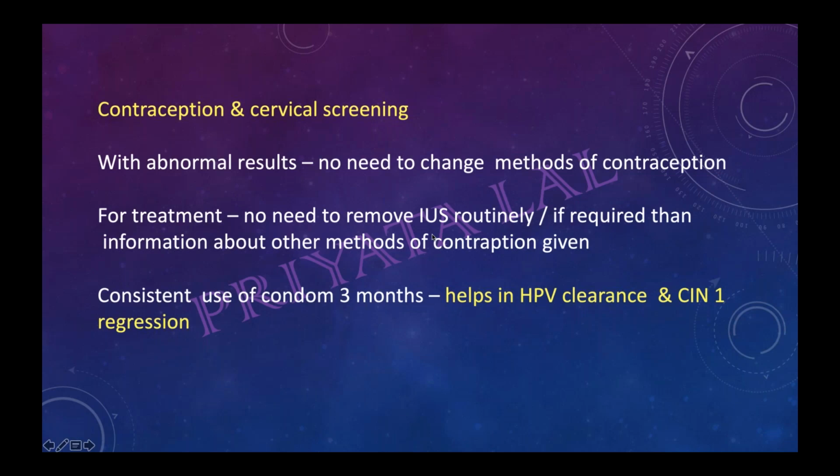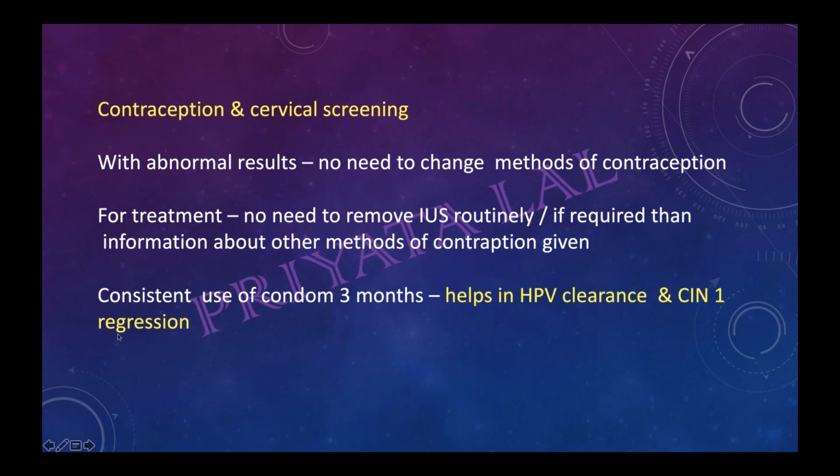If the patient has an intrauterine device inside and any cervical screening test comes abnormal, in that situation also there is no need to remove the IUS routinely. And if this patient wants to go ahead with removal, in that situation you have to give advice about other methods of contraception. So the take home message is that there is no change to the current method of contraception if any cervical screening test has become abnormal. So there is no change.